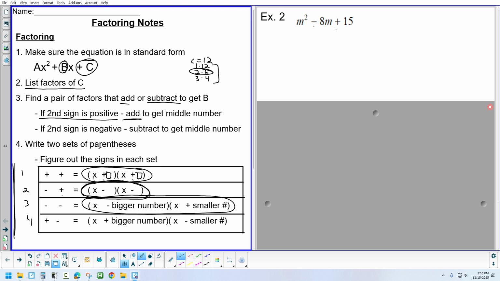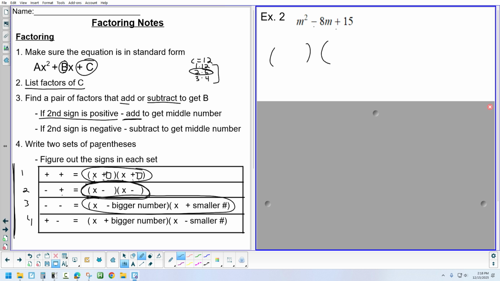So now it's supposed to be X minus and X minus, but what letter are we using? M. So use the letter that they give you. M minus, M minus. Now we've got to figure out what number to put after each minus sign. Okay, we didn't make our list yet.